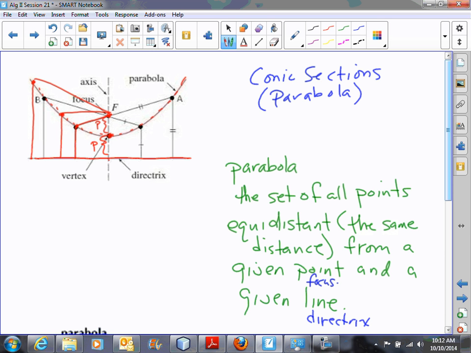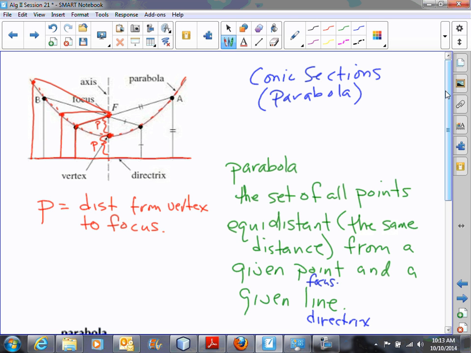If the parabola is opening up, we say that p is positive, and so the distance from the vertex to the focus is p. So p is equal to the distance from vertex to focus. It's also the distance from the vertex to the directrix. And if p is negative, then of course the parabola is opening downward.